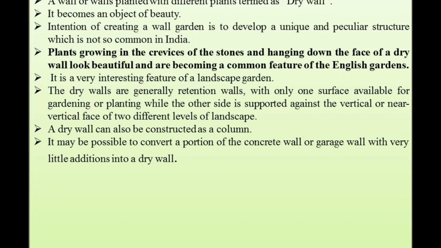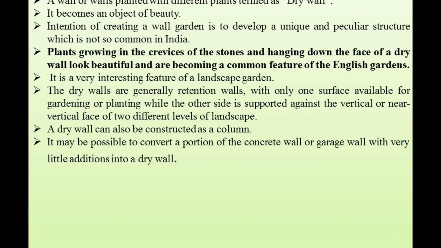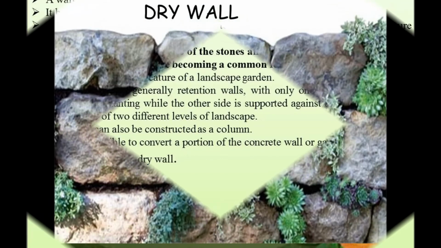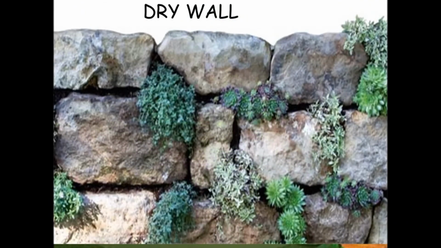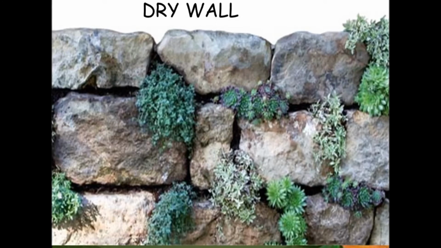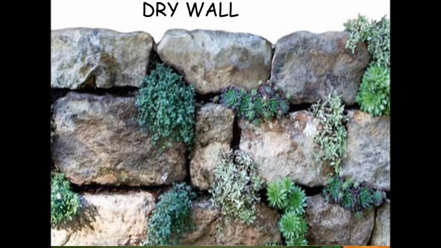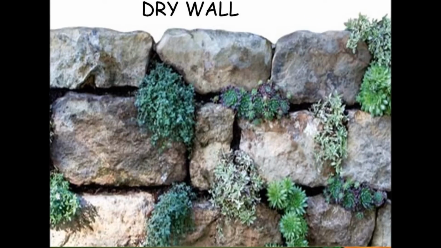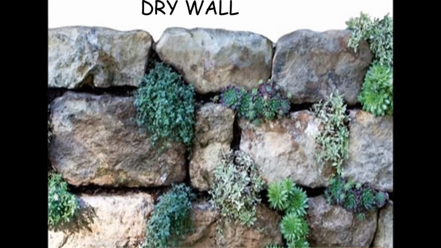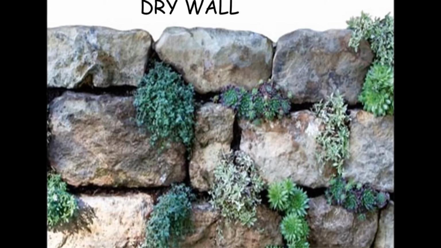It is a very interesting feature of landscape gardening, and generally dry walls are retention walls with only one surface available for gardening and planting, while the opposite surface is supported against the vertical or near vertical face of two different levels of landscaping.